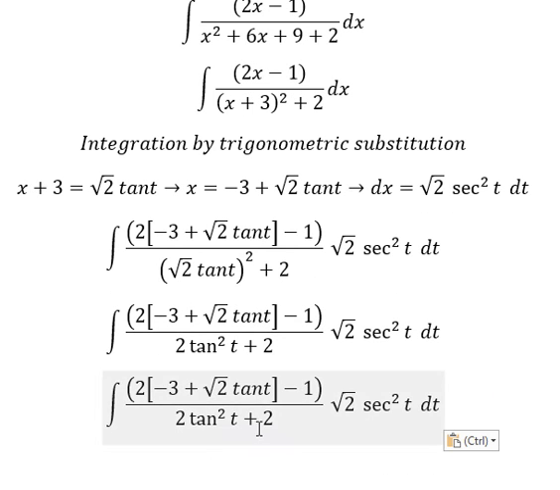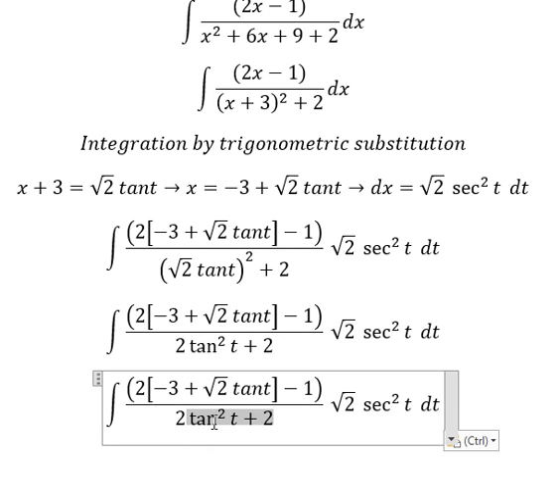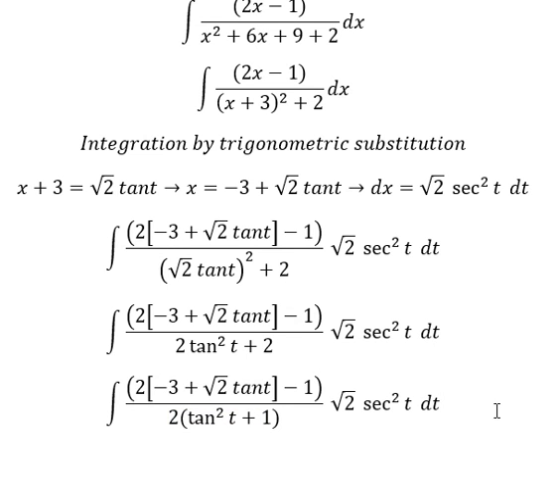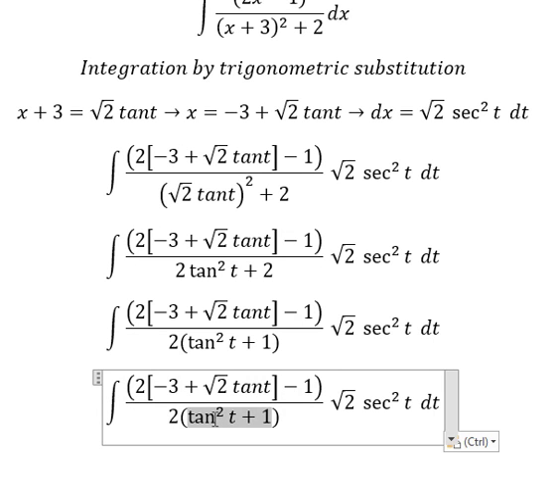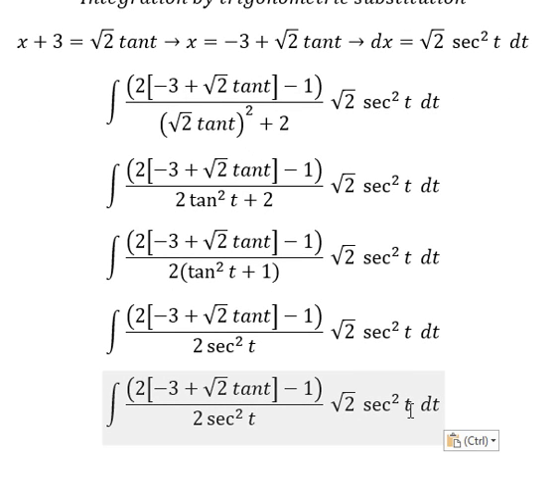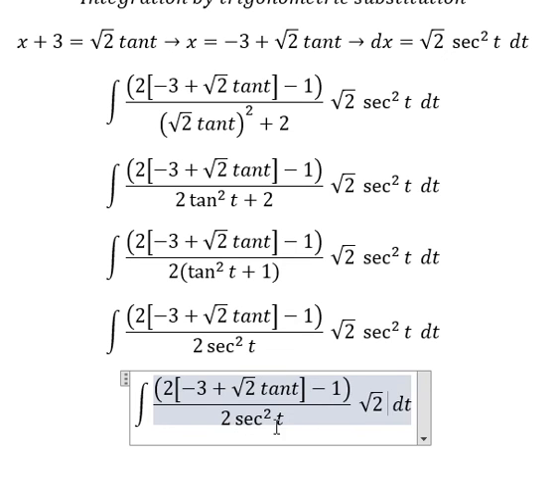So 2 and 2 is factorization. So this one is secant of t squared. Later, we need to simplify on the numerator and denominator. So the square root of 2 and 2 go outside.